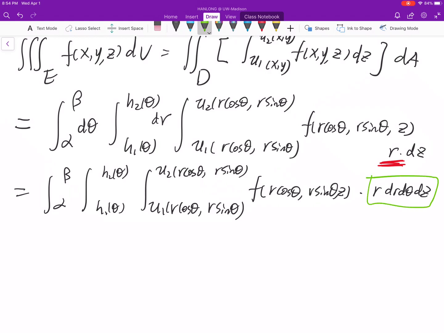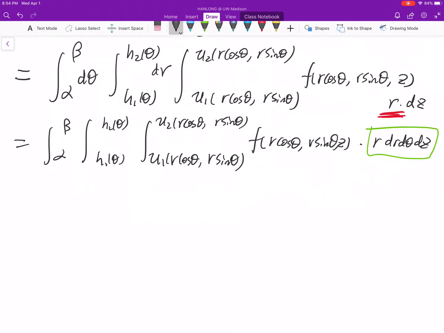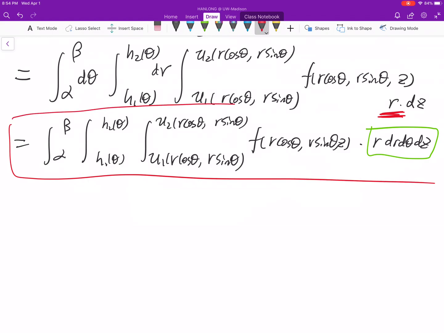Combine them as a whole thing. So this is the formula for cylindrical coordinates, and everything is the same except you have some extra factor here.